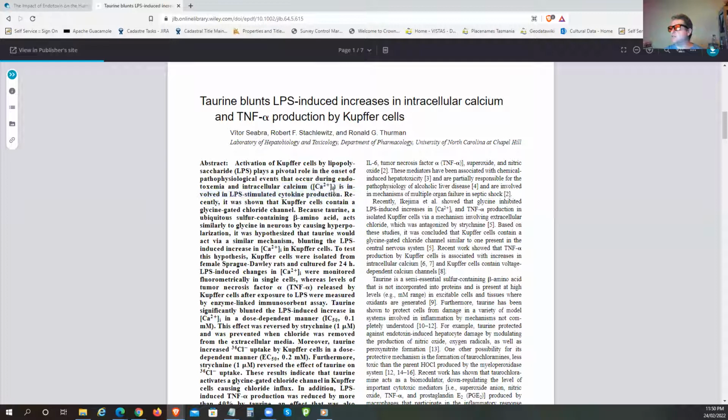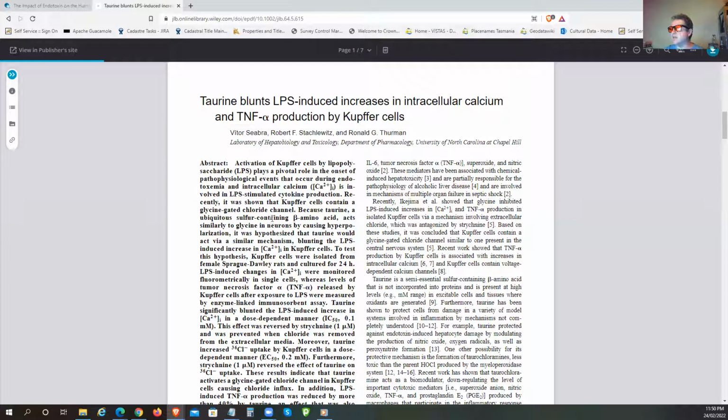Recent studies have shown that Kupffer cells contain a glycine-related chloride channel. Because taurine, a ubiquitous sulfur-containing beta amino acid, acts similarly to glycine. Remember, methionine, glycine, and basically taurine in terms of synthesis.